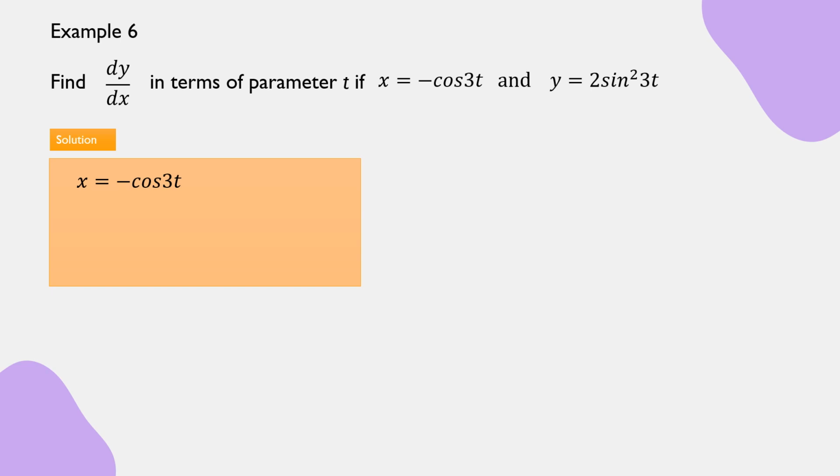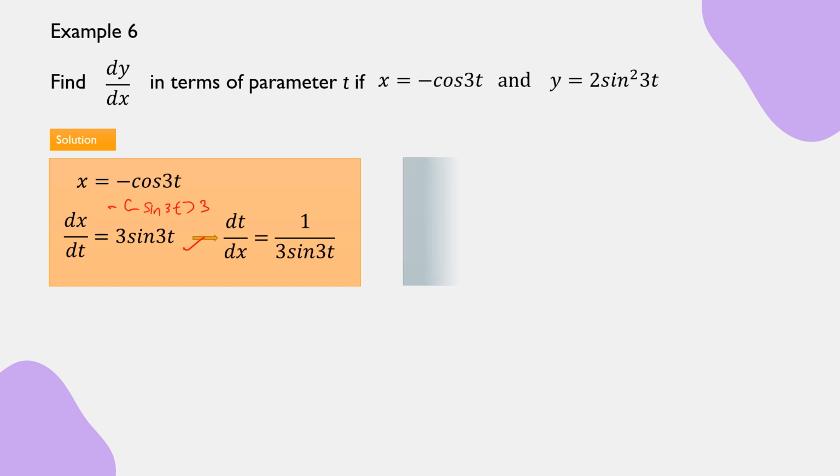To differentiate x with respect to t, this is a negative. The derivative of cos gives negative sine 3t. Differentiating 3t, we get 3. So negative times negative is positive, 3 sine 3t. So therefore dt/dx equals 1 over 3 sine 3t.